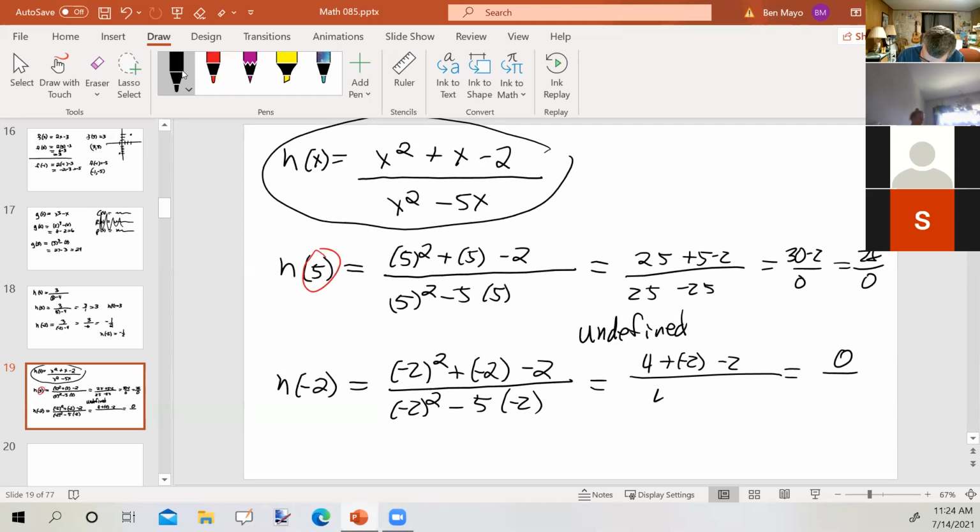Negative 2 the quantity squared is 4. Minus 5 times negative 2 is plus 10, which is 14. What's 0 divided by a non-zero number? That is 0. That is real. So negative 2 is in the domain of the function. Okay.